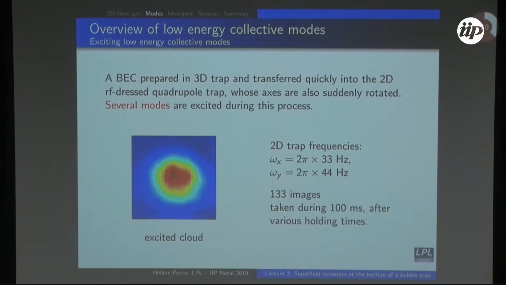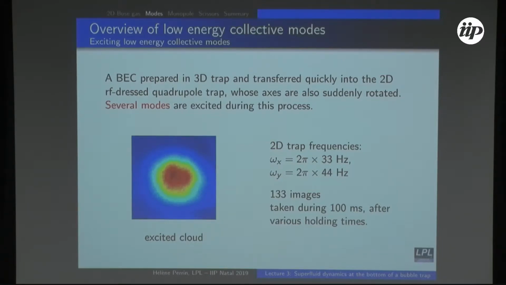The way we get an overall view of these modes is to shake the trap in every possible way, and then observe what it gives. It moves all around like that. So we take lots of pictures, one after the other. To be clear, this is destructive imaging.